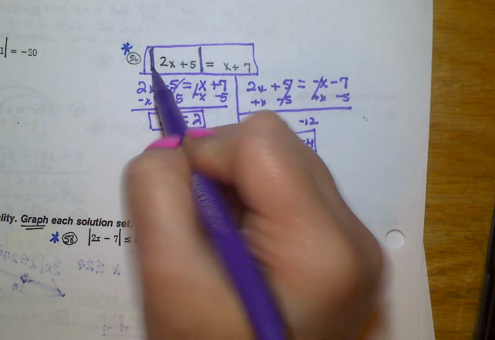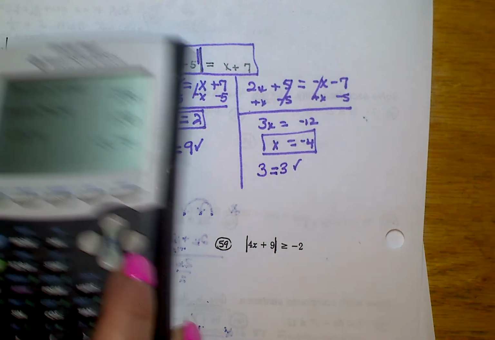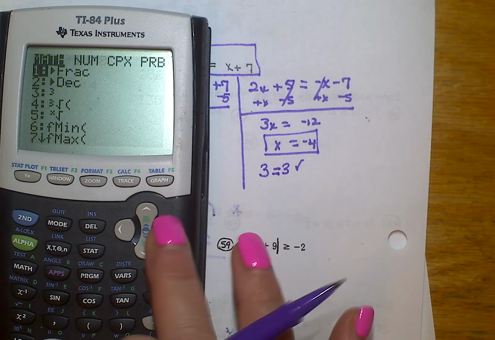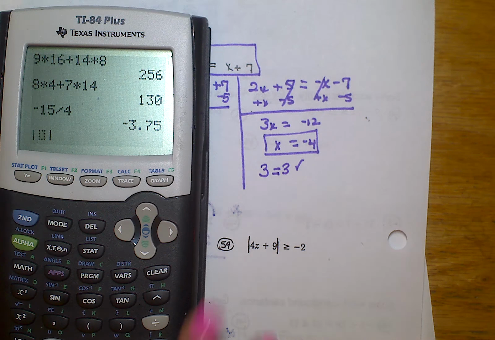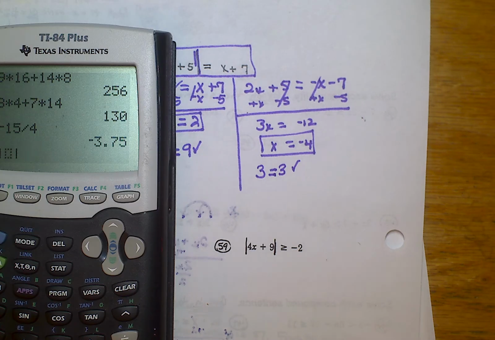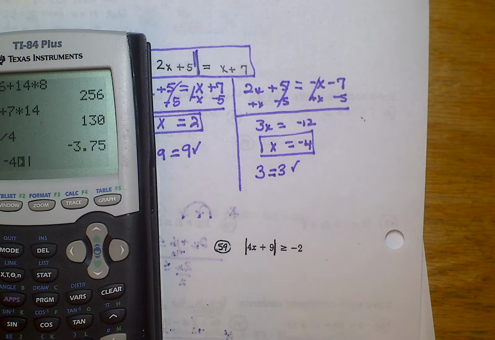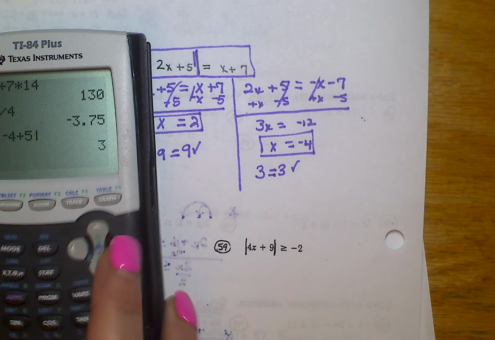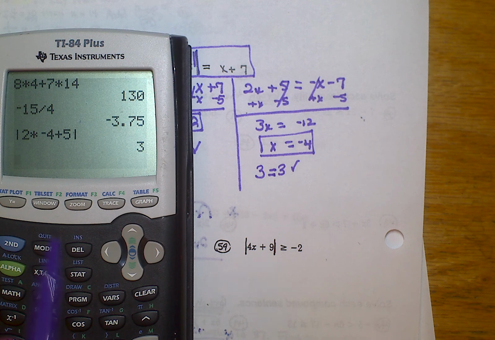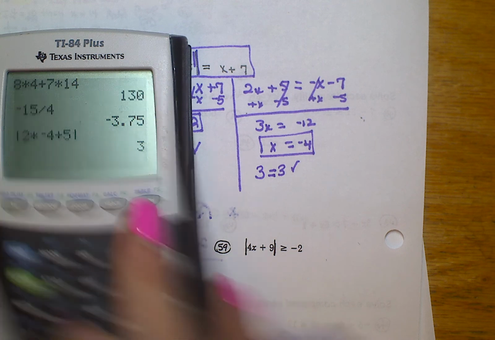Be careful because when you do the absolute value, that part comes out to be positive. If you're doing that in the calculator, remember it's math number 1. So you would have typed in 2 times negative 4 plus 5. Right arrow out. So that would give you the 3. So if you mark that one out, you probably forgot to take the absolute value of that number.